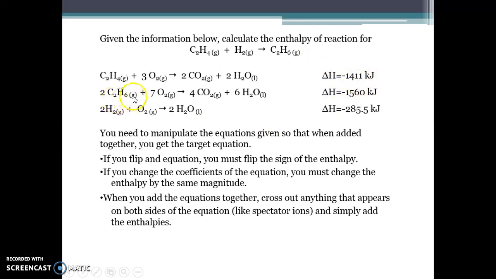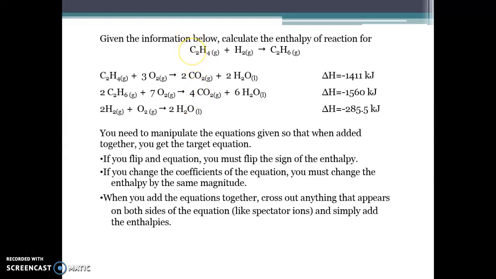We know that the combustion of ethane produces 1560 kilojoules. And then we know that the synthesis of liquid water from H2 and O2 gases gives you a release of 285.5 kilojoules. We are going to use these reactions, add them together because of the idea that it doesn't matter the pathway, it only matters how you end up.